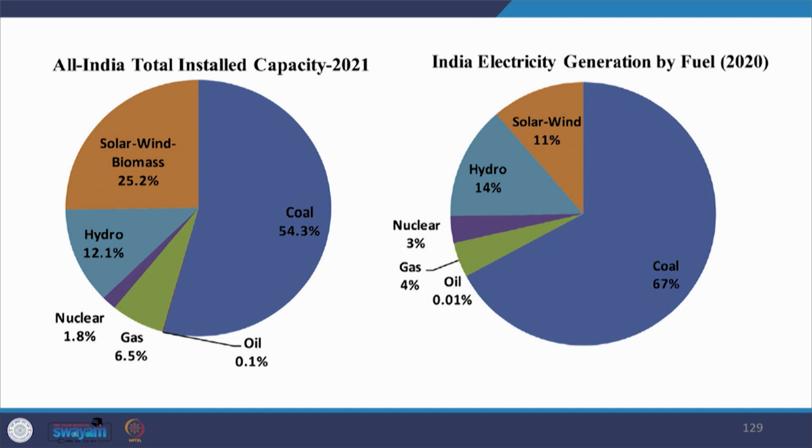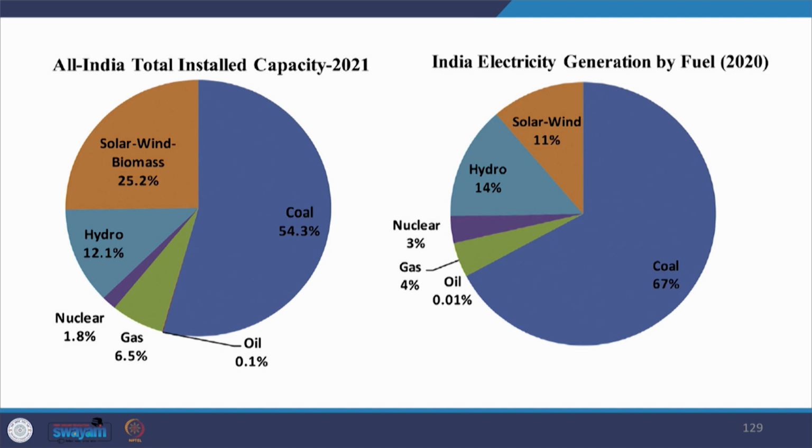But if we go with the generation, it is not very similar. Almost 67% of the electricity is coming from coal, then around 4% from gas, 3% from nuclear, and roughly 25% is coming from other sources which come in the bracket of renewable sources of energy.